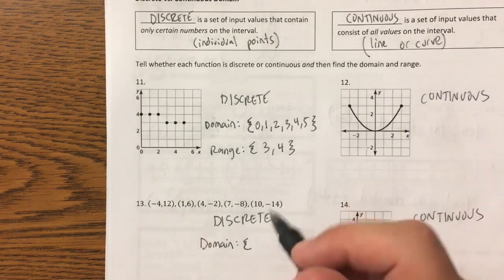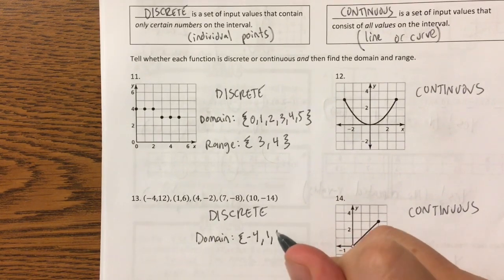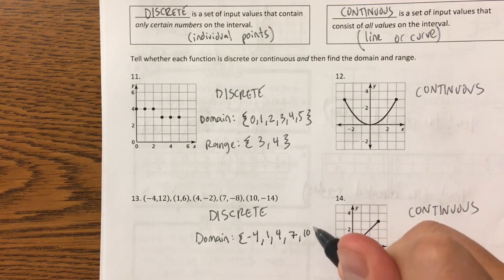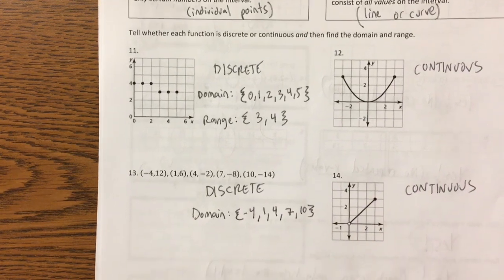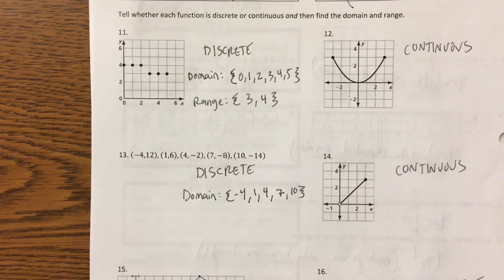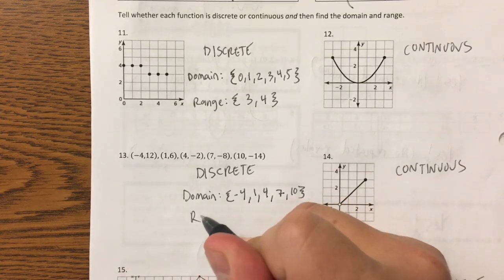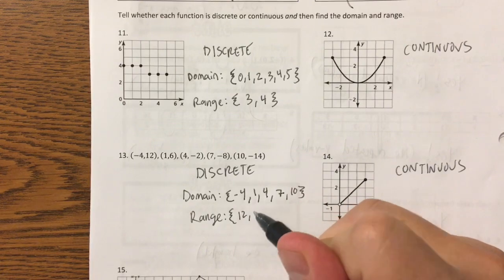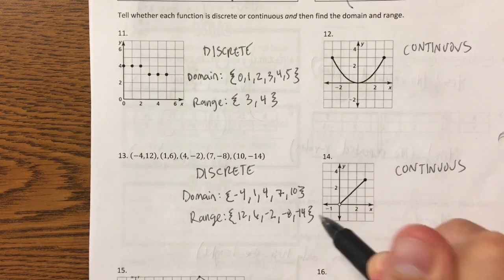I'm just going to list all the x values here: -4, 1, 4, 7, 10. Actually, those are in order, which is nice. They don't have to be in order, but these are. The range is all the y values: 12, 6, -2, -8, -14.